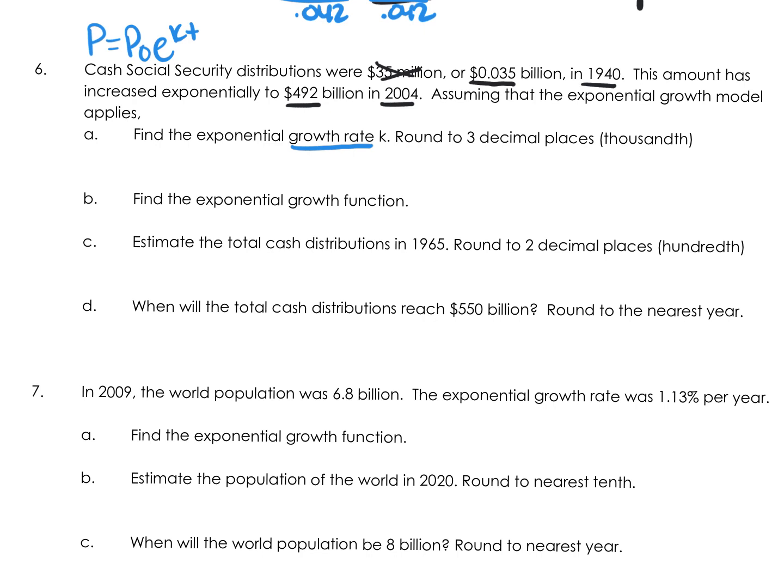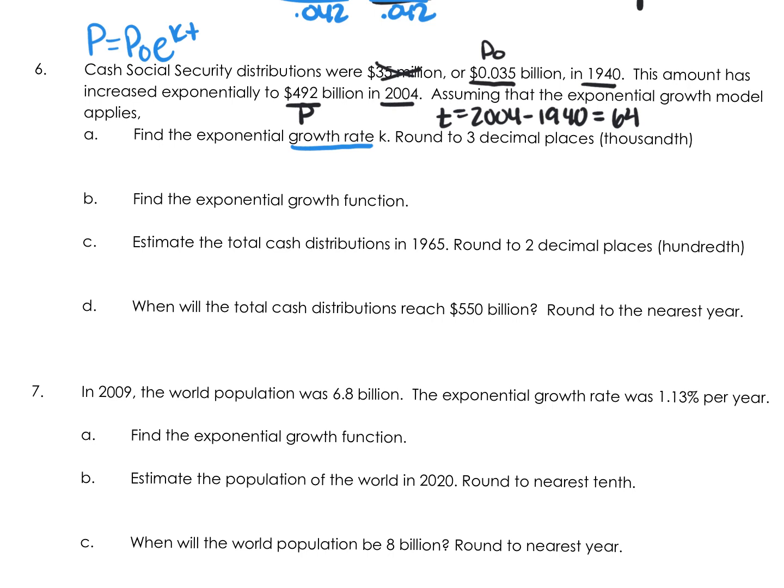So 0.035 billion will go for P0. This will be our ending amount P. We're trying to find K, and t will be how much time has passed. So that will be 2004 minus 1940, which will be 64 years.